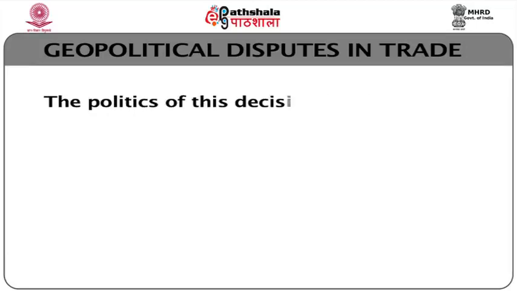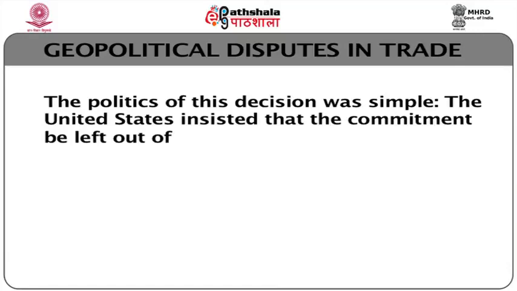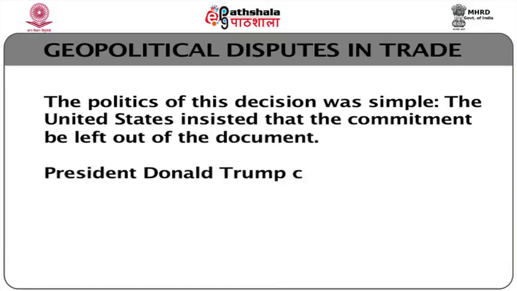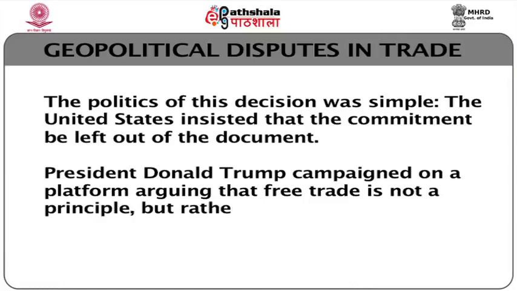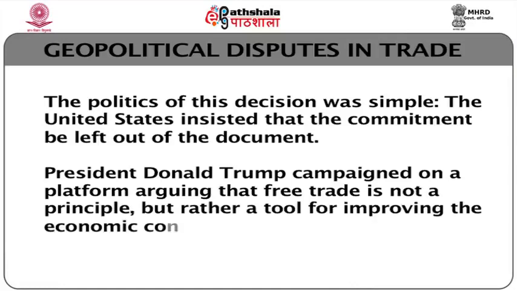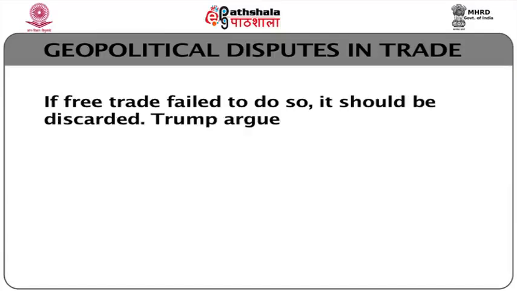We have the politics of the decision, which is simple. The United States insisted that the commitment be left out of the document. President Donald Trump campaigned on a platform arguing that free trade is not a principle, but rather a tool for improving the economic conditions of nations. If free trade failed to do so, it should be discarded.